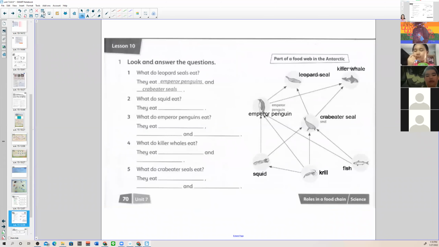Right, let's move on to lesson 10. This is the food web. I need you to look at the food web and then answer these questions.